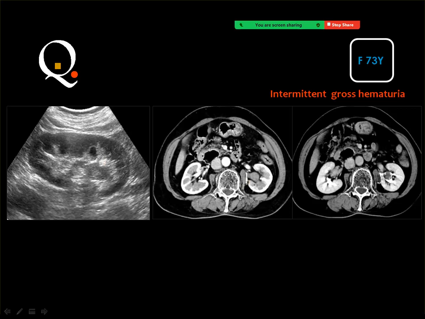The next case is a female 73 years old with hematuria, ultrasound and CT, arterial phase and excretory phase.